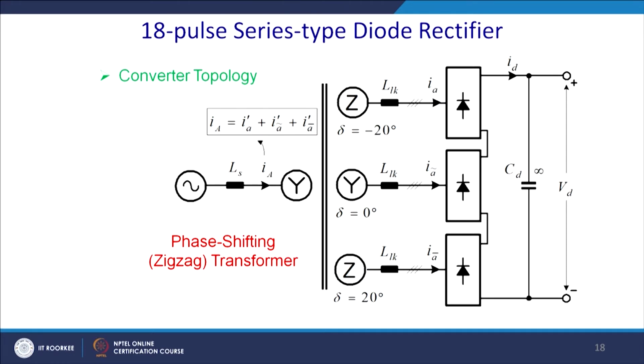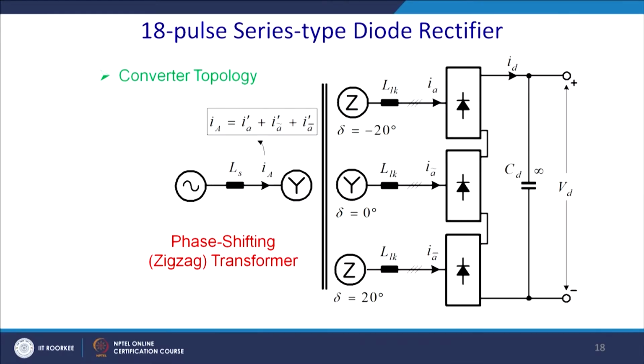So, the phase difference between these transformers is required to be 20 degrees. That is a special arrangement; a special kind of transformer is required to be built to fit into the system, and this kind of transformer is called a zigzag transformer.